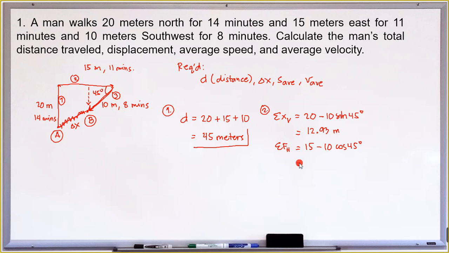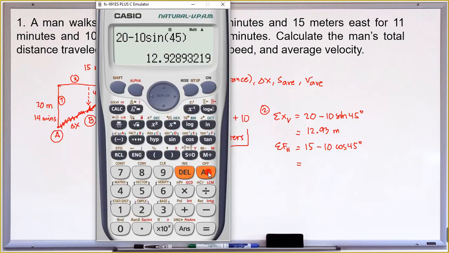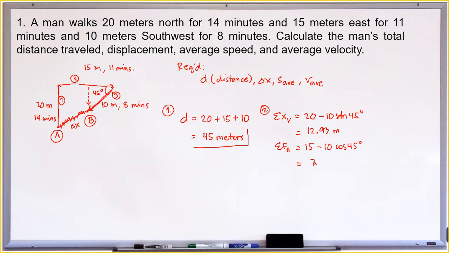Simplifying this, we have 15 minus 10 cosine 45, so we have 7.93 meters.